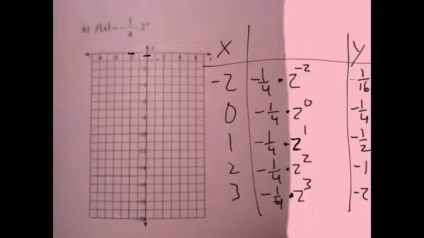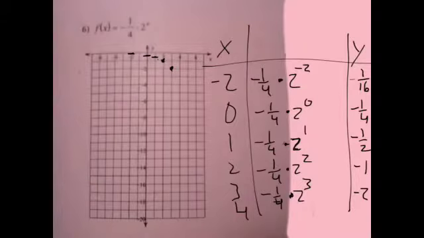And then on my next one, I have 1, negative 1/2, which is a little bit farther away. And then I have 2, negative 1, which gives me a number that's fairly easy to draw. And then finally 3, negative 2 is going to give me this point here.